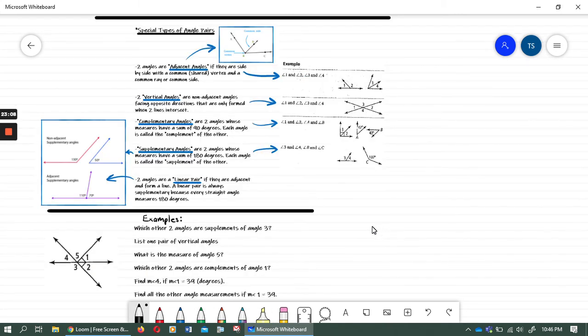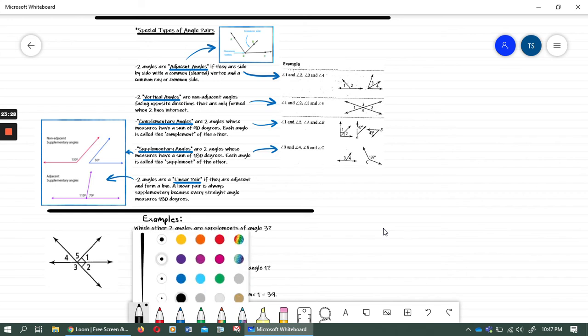Okay, so guys, let's look at a few examples here, and we're going to go ahead and do this. I hope that this isn't too small for you to see.